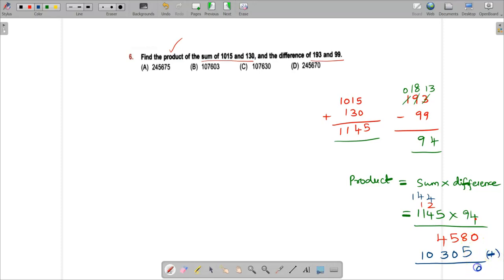Here it is 0. 8 plus 5 is 13, and 1 is carry. 5 plus 1 is 6. 4 plus 3 is 7, and then here it is 0, here it is 1. So the answer is 107630. Option C is correct.